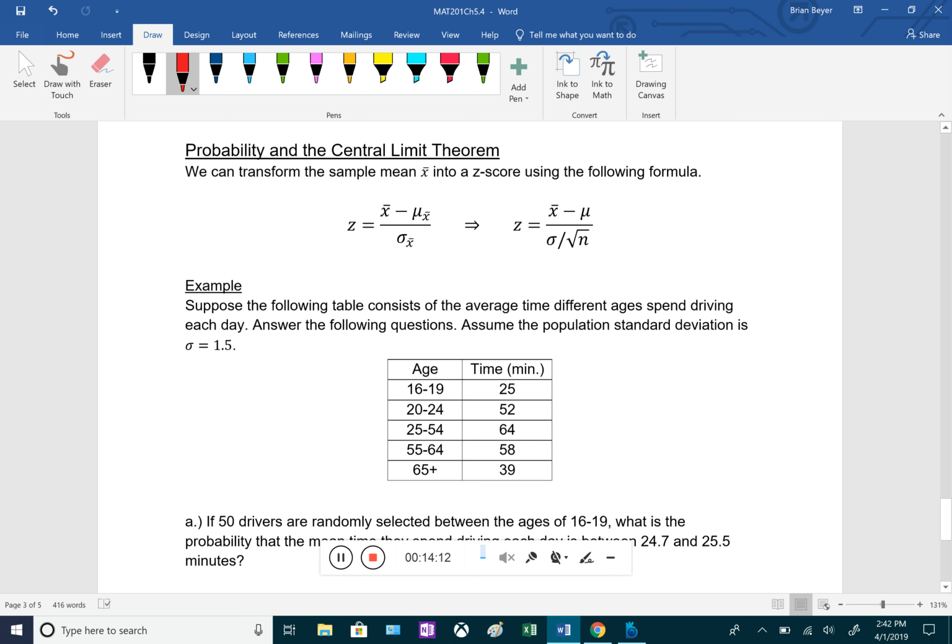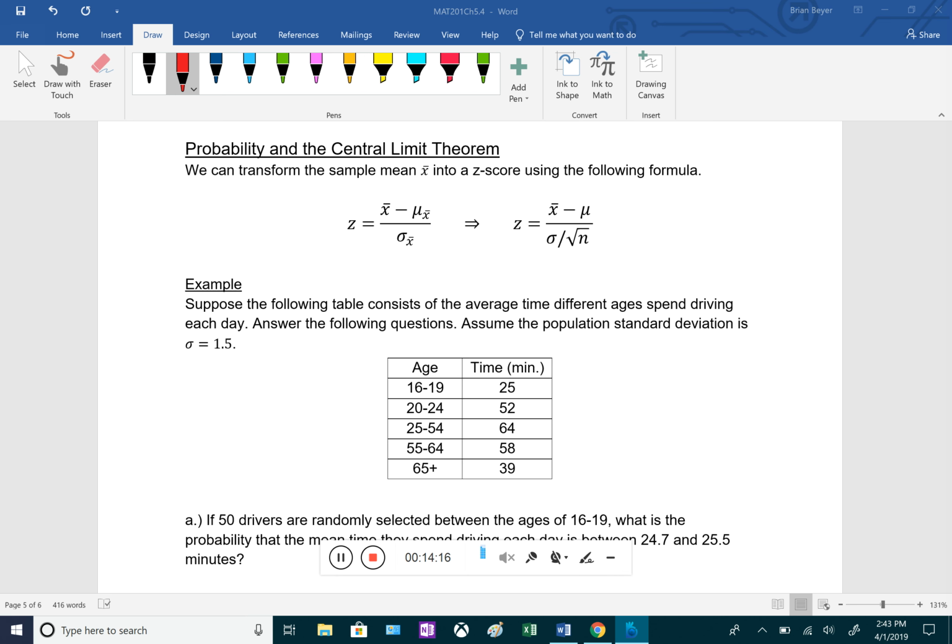Okay, so let's do an example here. So it's probability and the central limit theorem. So like we just mentioned, we can actually calculate a z-score here. We can transform a sample mean X bar into a z-score using this same formula from before, but it's tweaked just a little bit. So instead of individual values X, we're using sample means, which is X bar.